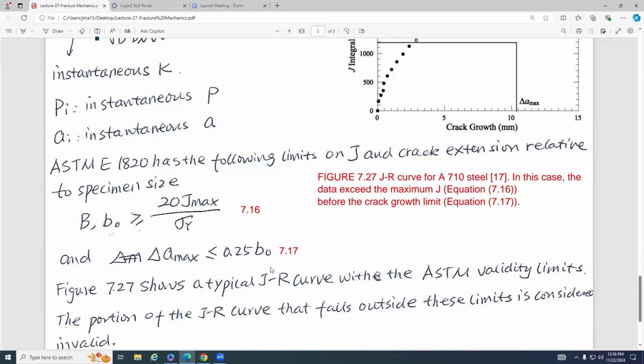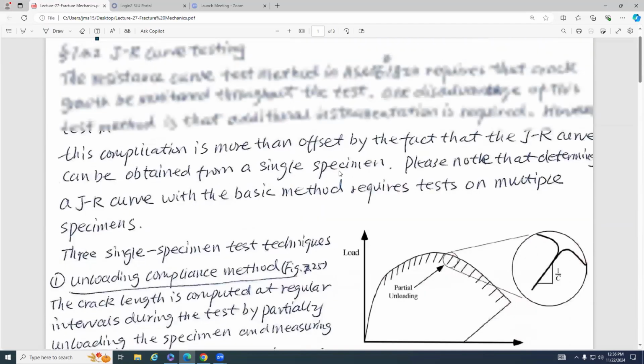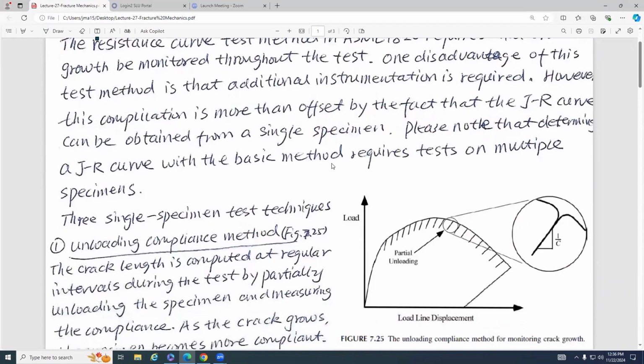And then at the very, very end, don't forget to do the validity testing. That means these equations, these inequalities, must be satisfied. Okay, guys, this is pretty much what I have for today in this lecture, and there are several things I wanted to cover.